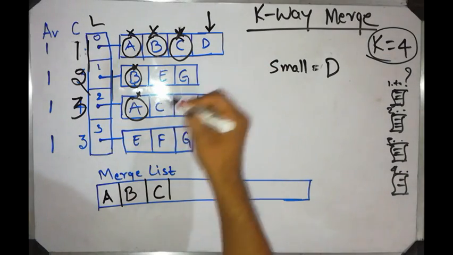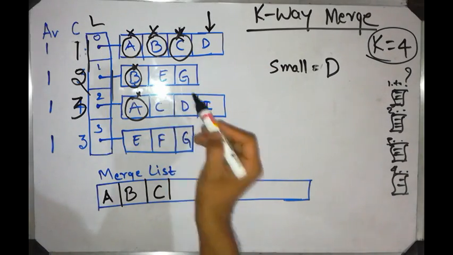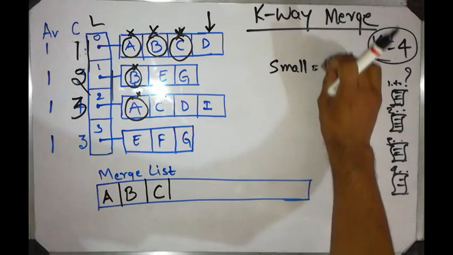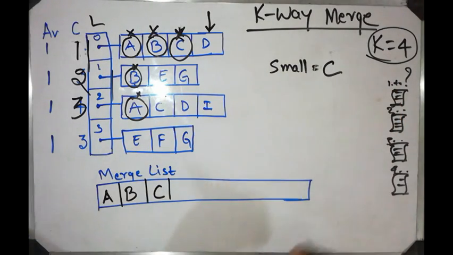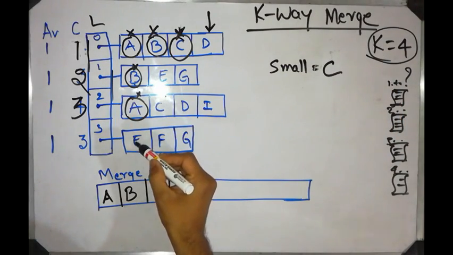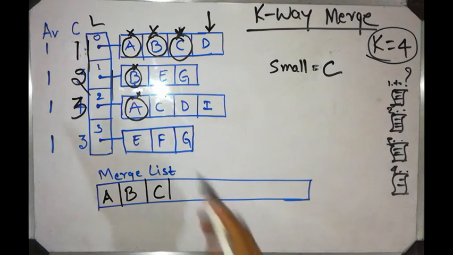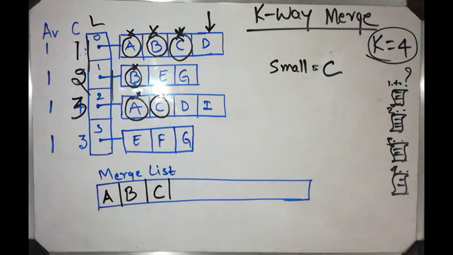C, now in this list I get C, so I'll consider this as the new smallest element, C, right? And then I'll compare it with E here. I know that C is the one, but C is already there here, so I'm going to consider that this is processed and reduce the count here from 3 to 2, right?